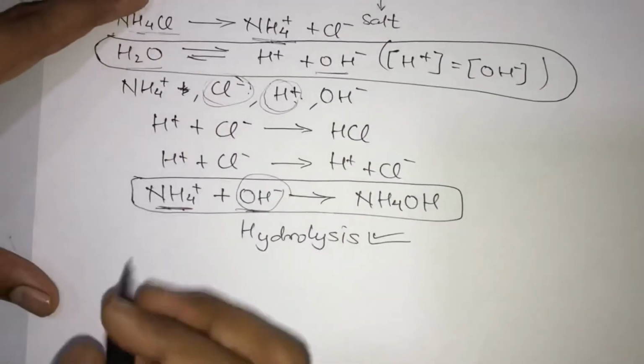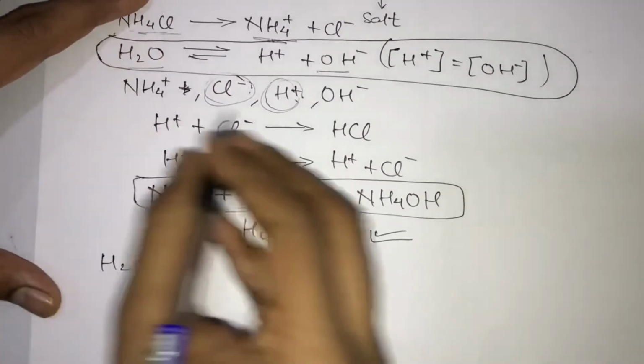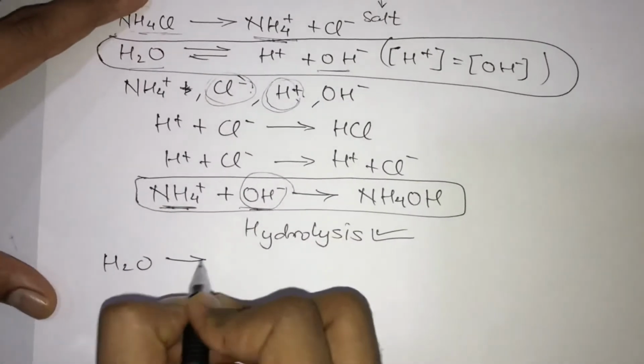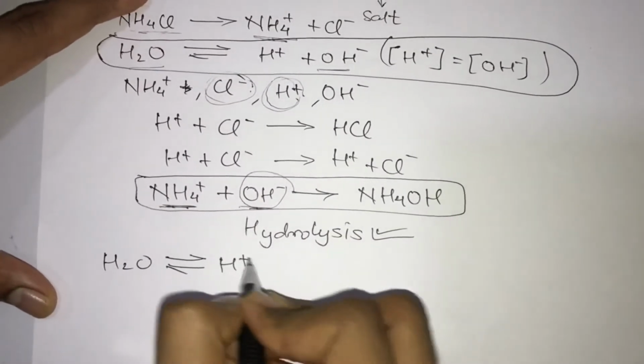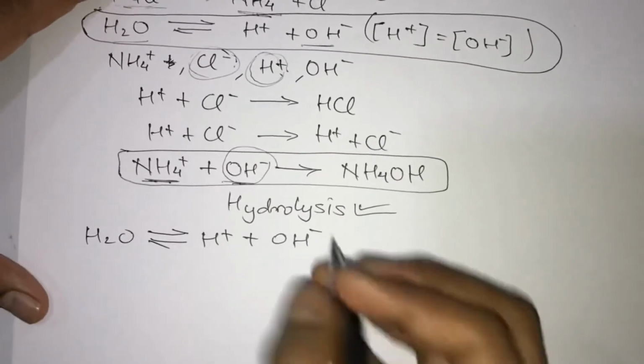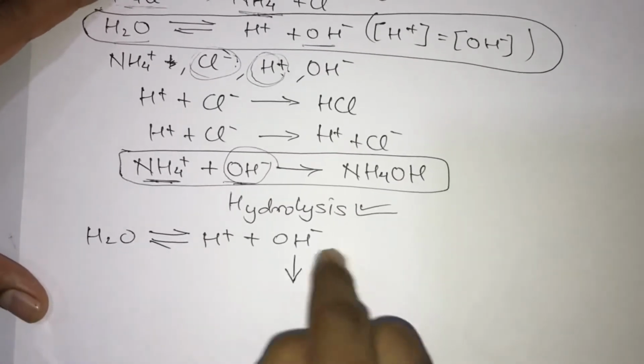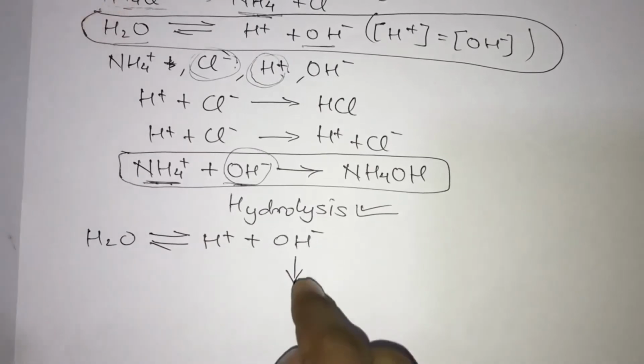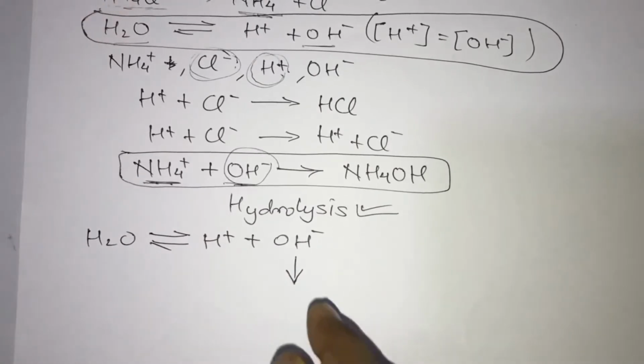Okay, so let me write this equation over here. H2O giving us H+ ions plus OH-. So here guys, can I say that the amount of OH- has decreased, so its concentration is also going to decrease.